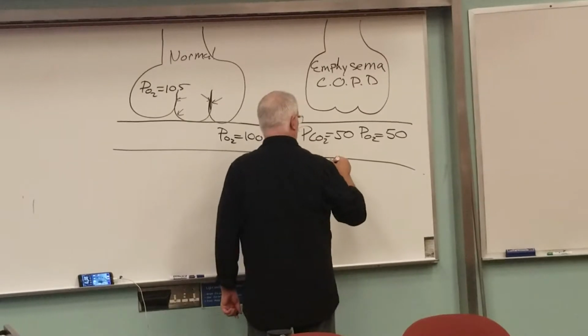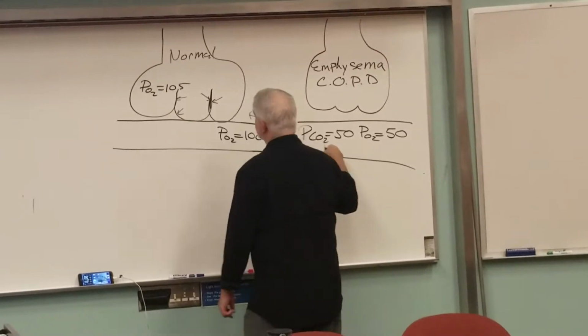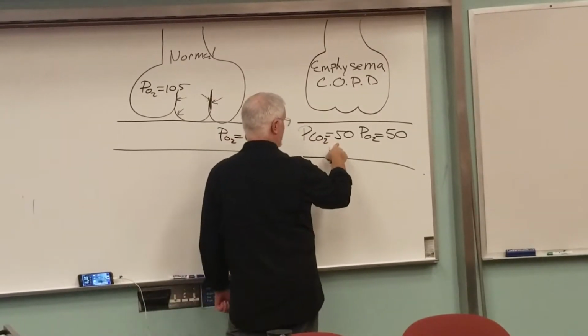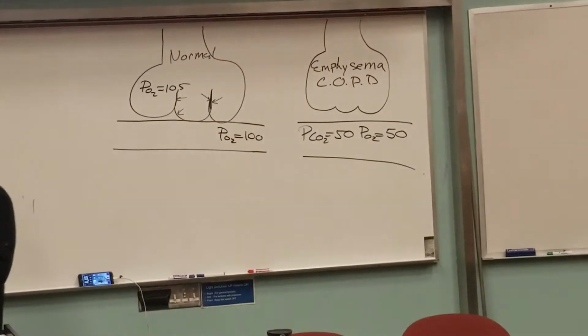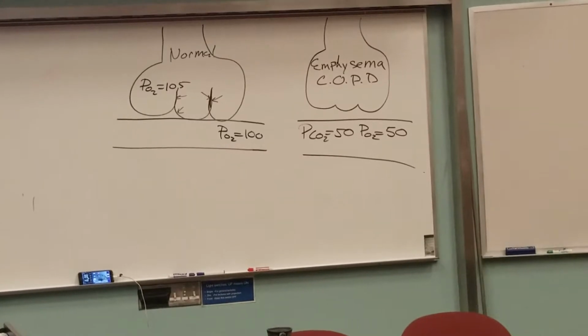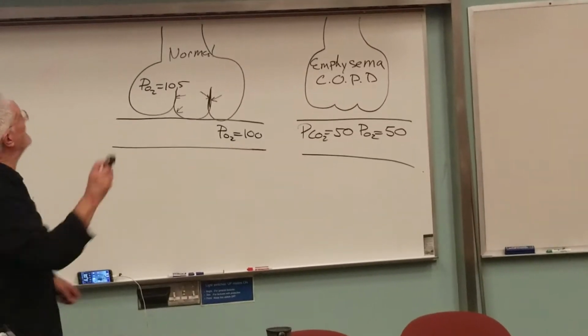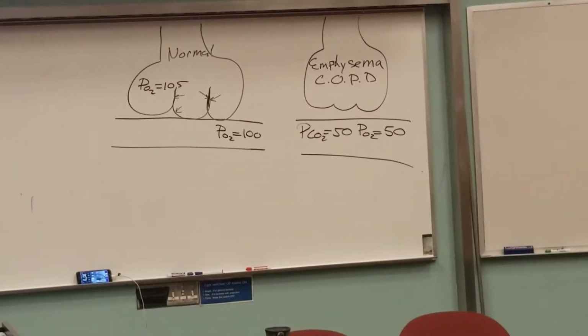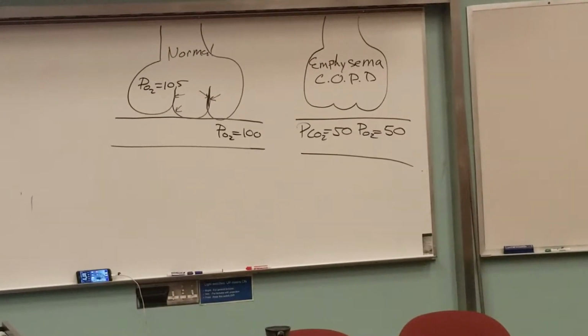Now the problem is, with that increase in PCO2, let's go back to this. I'm going to bounce back and forth. With an increase in PCO2, they're going to get more CO2 to dissolve in their cerebrospinal fluid. The more CO2 they have, the more hydrogens they're going to create.